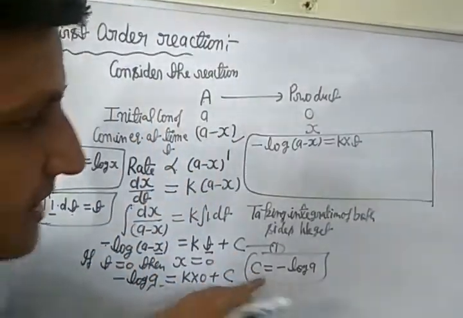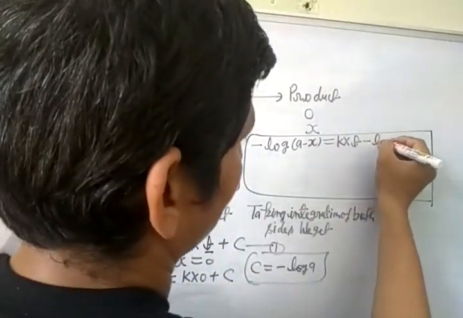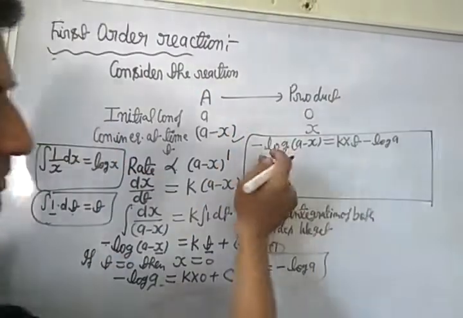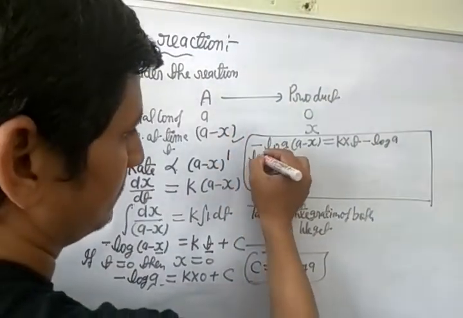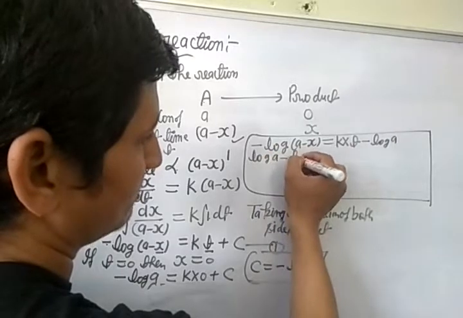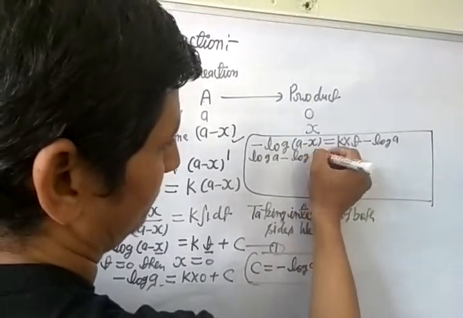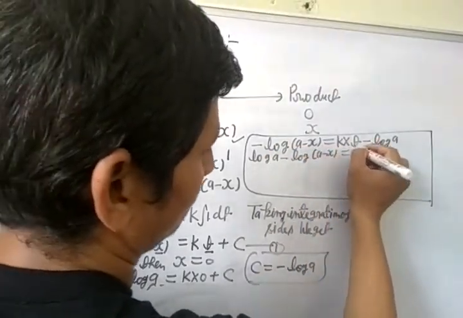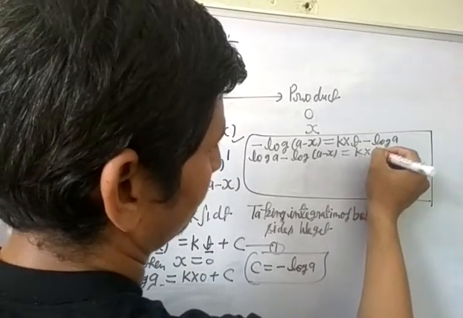See, the value of c is minus log a. Minus log a transferred becomes plus log a. So log a minus log (a minus x) is equal to k into t.